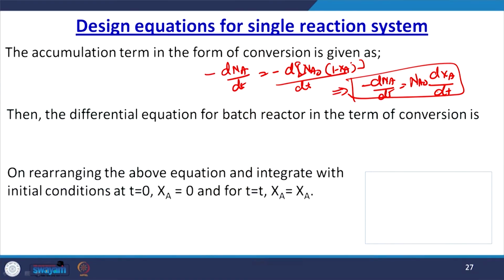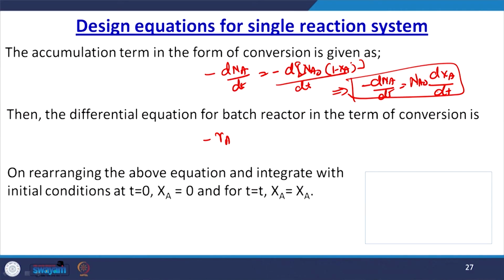Then the differential equation for the batch reactor in terms of conversion can be written as minus Ra V equals Na naught dXa by dt.